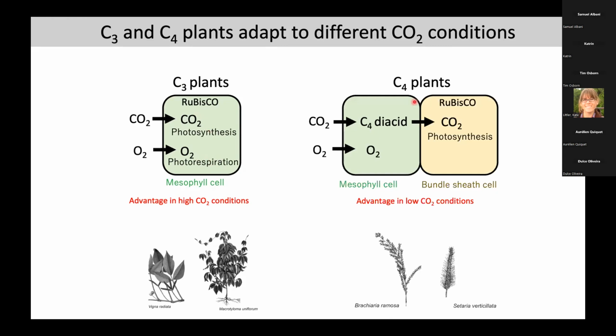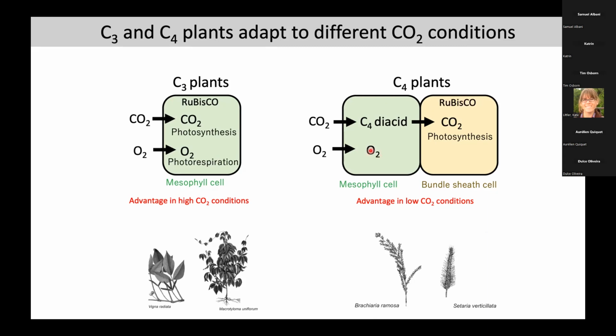On the other hand, C4 plants convert CO2 to C4 diacid in the mesophyll cell. Then this diacid is transferred to the bundle sheath cell. Then the CO2 is regenerated, and this CO2 is fixed by photosynthesis using Rubisco.